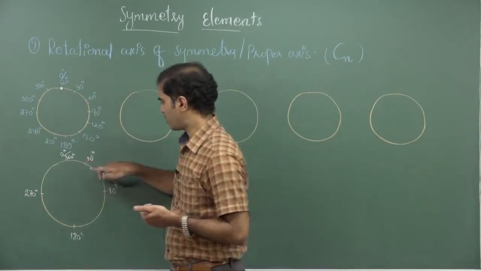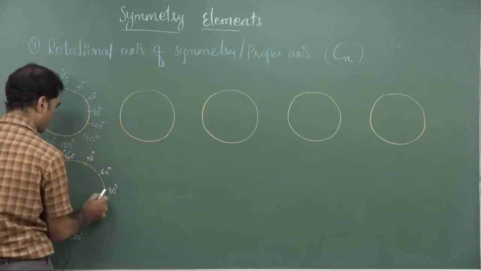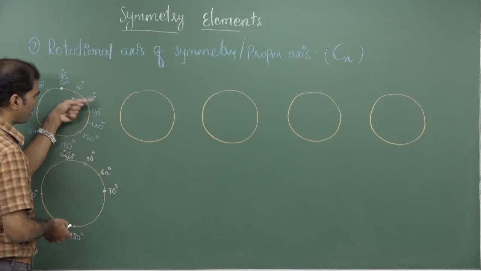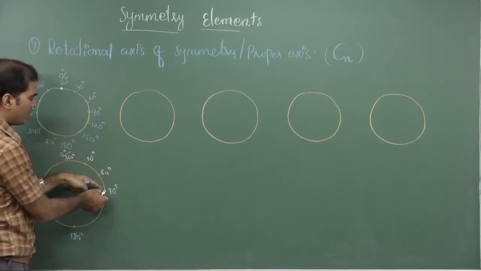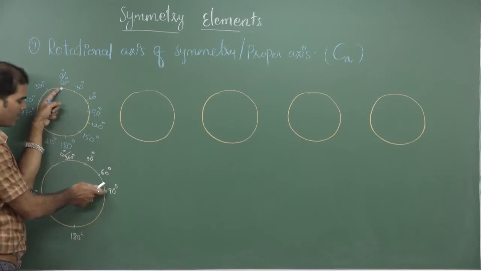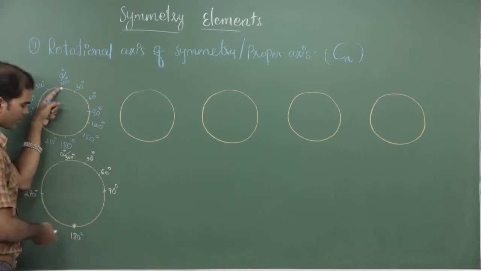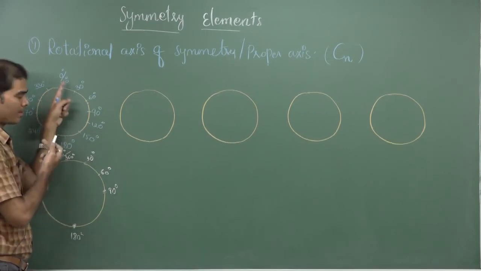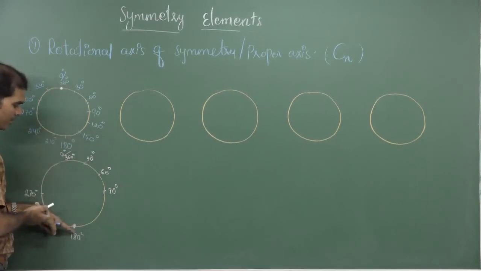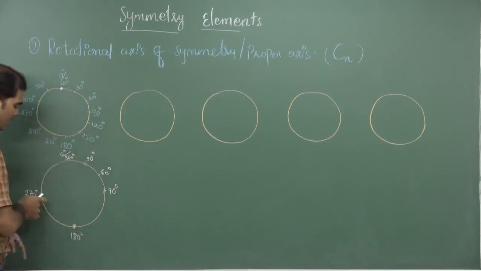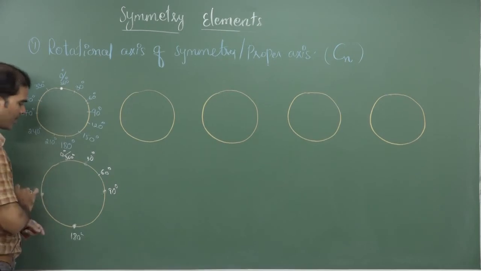Then I still rotate. I come to say 90 degree. So the point was at 0, now I rotated it to 90, now this is the point. These two are not identical, neither are they equivalent. I rotate it by 180, still it is not equivalent because the point was above and in this case the point has come below. So even if I rotate by 180, it is neither equivalent nor identical. 270, not equivalent, not identical.